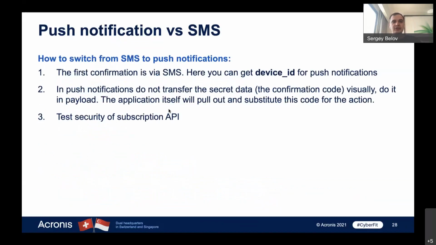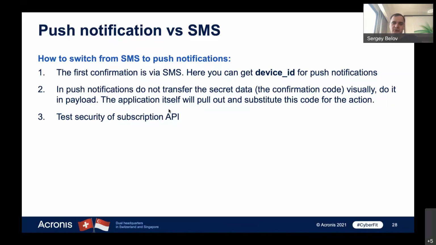And how do you switch from SMS to push notifications? Usually we just suppose that the user receives the first SMS in some safe environment. When the user receives an SMS, you can get the device ID, and then just link this device ID and this number to this user. The second thing: if you're sending a secret code inside of applications and you don't need to show it because your application can handle it, you can transfer the secret code inside the payload of the push notification and not even show it on the screen.